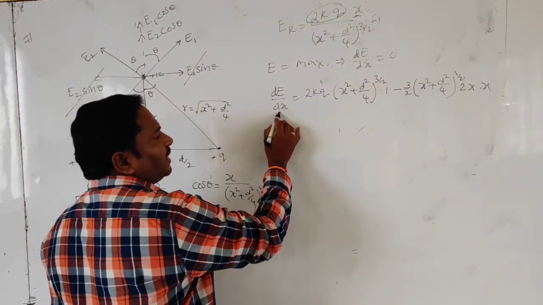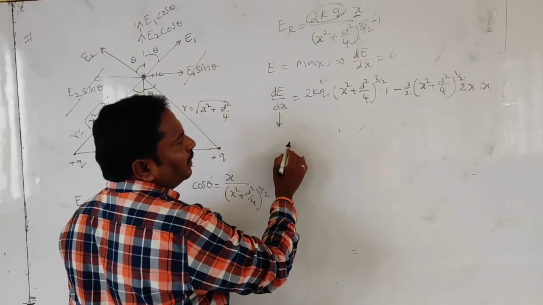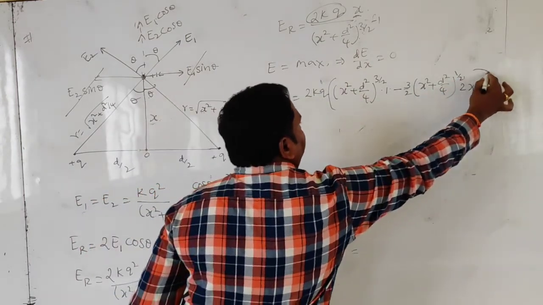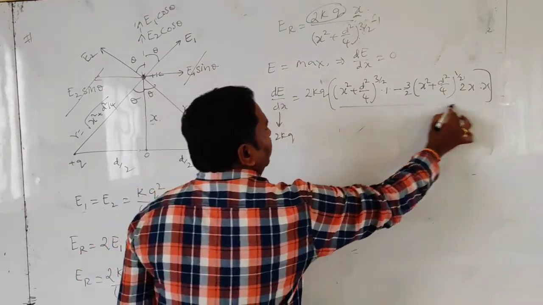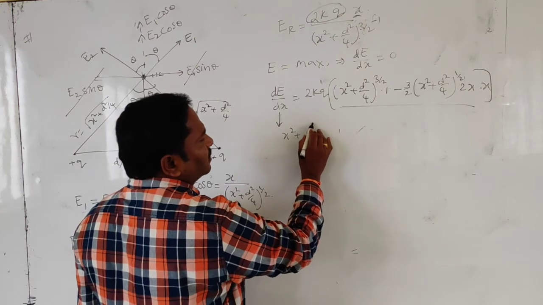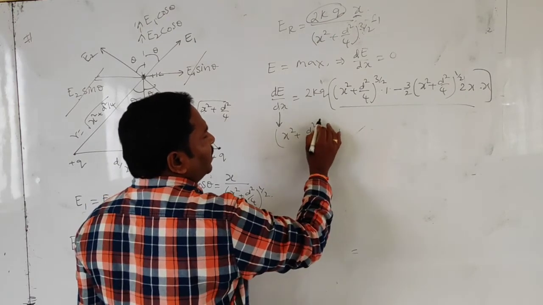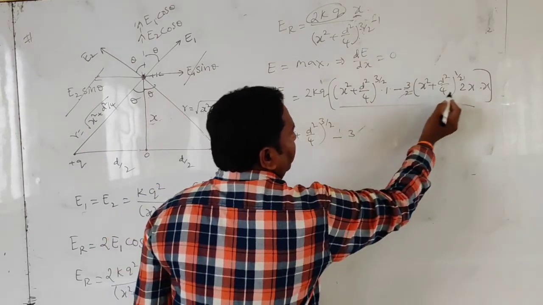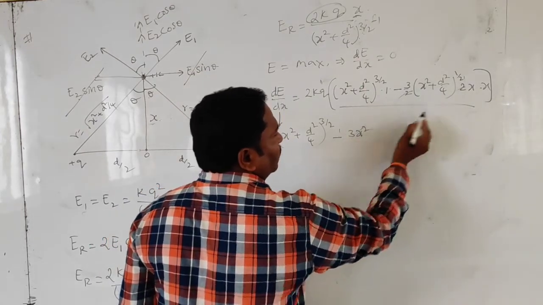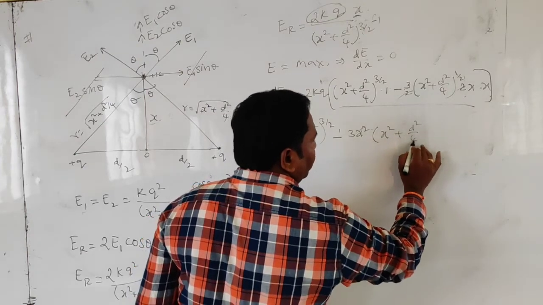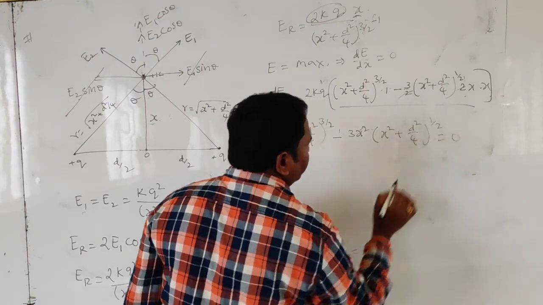So when it is maximum, the first derivative becomes 0. Now take 2kq common, so this value becomes 0, and x square plus d square by 4 whole power 3 by 2 minus 3 x square into x square plus d square by 4 whole power 1 by 2 equals 0.